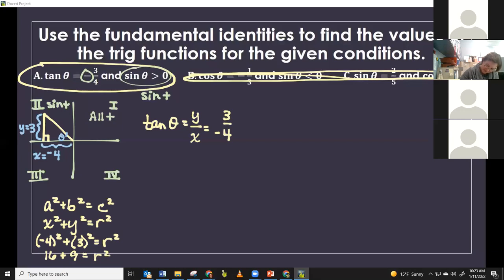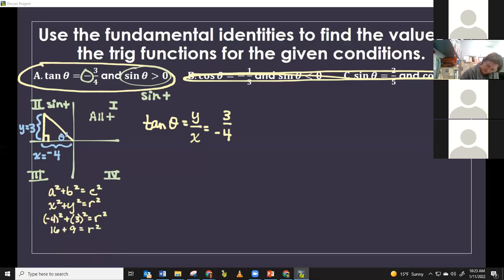What is the radius? Five. 5, yes. 5 is equal to my radius. And now I have all the information that I need to do my 6 trig functions.